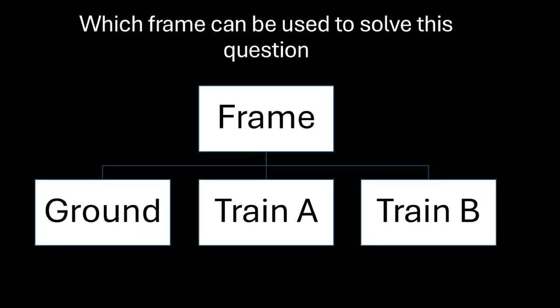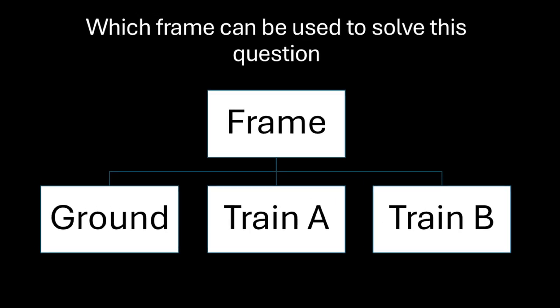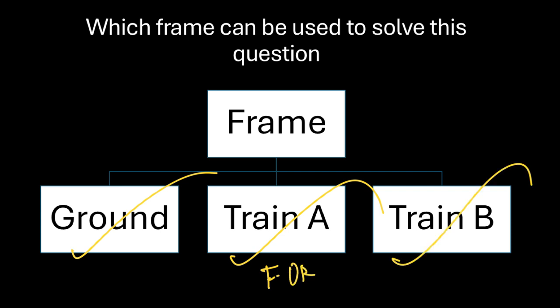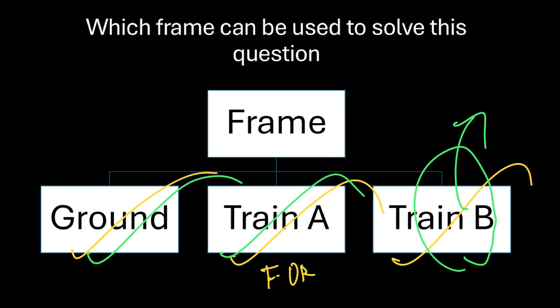Now, see, this question can either be solved with ground as a frame of reference, and train A as frame of reference, train B as well. Now I will do this question using ground and train A, and you will try solving this question using train B. All right.